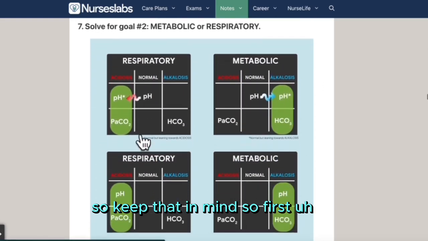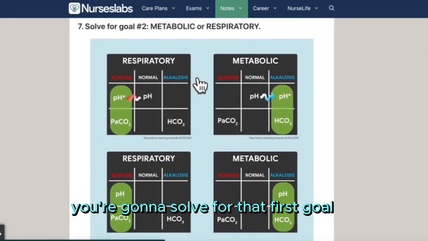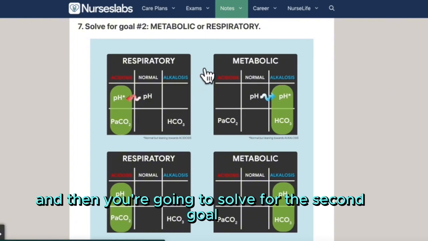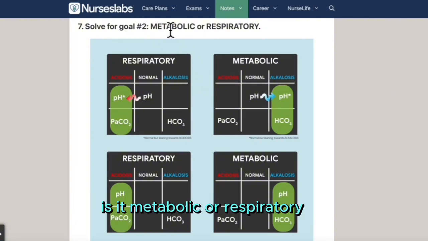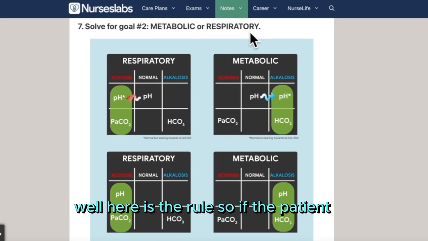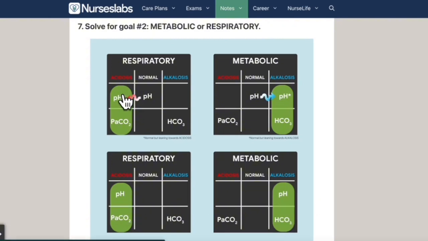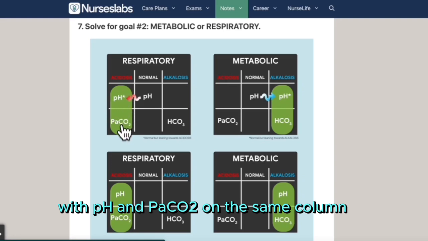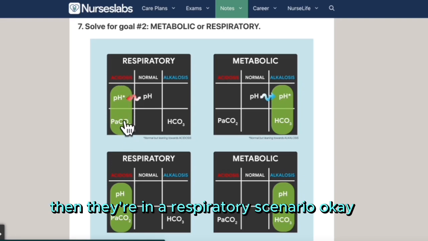First, you're going to solve for that first goal, and then you're going to solve for the second goal. Is it metabolic or respiratory? What do we have going on with the patient? Here is the rule. If the patient is found to be with pH and PaCO2 in the same column, then they're in a respiratory scenario.